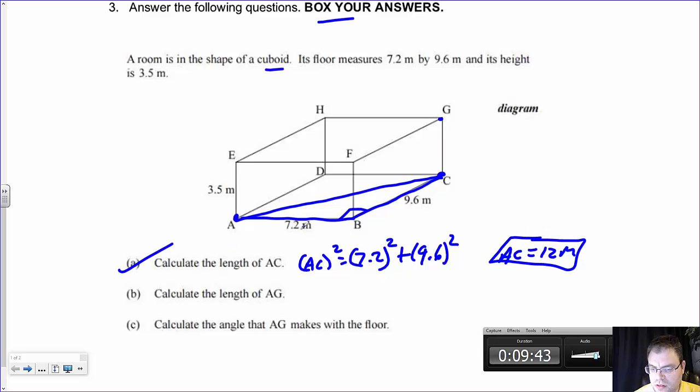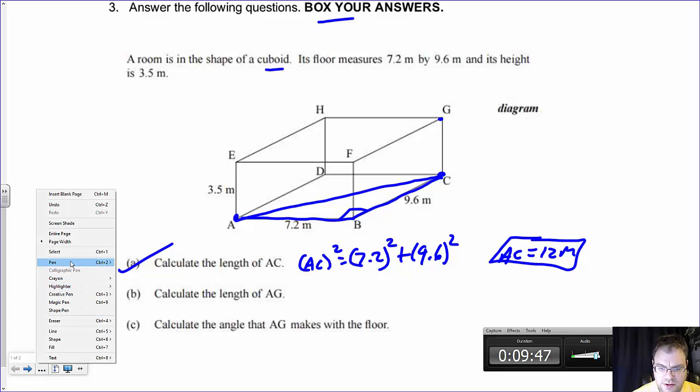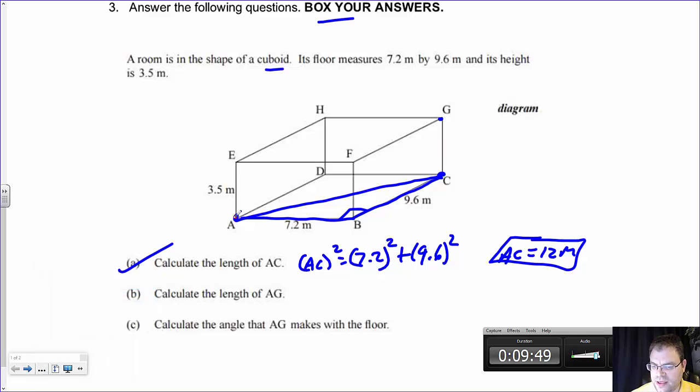So that's done. Calculate the length of AG. Let's change the pen color so you can see things better. So I'm going to go from A to G, just like we did in class, right over here. Calculate the length of that. What I now know though is that this length here along the bottom, the floor, is 12. Okay, we just found that. So I know this height here is the same as this one, is 3.5.